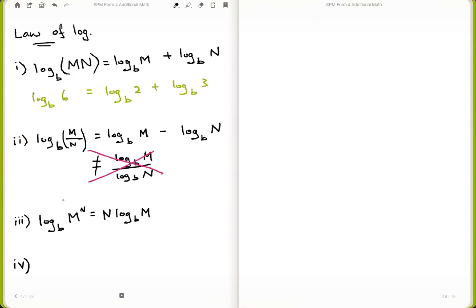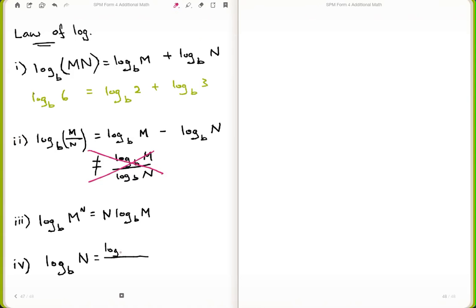Fourth one, the change of base. Change of base says I have log b n, and I want to change this base to a. So what you do is you equate it to a fraction. Now this is a fraction. I change to the new base with a new color, log a.